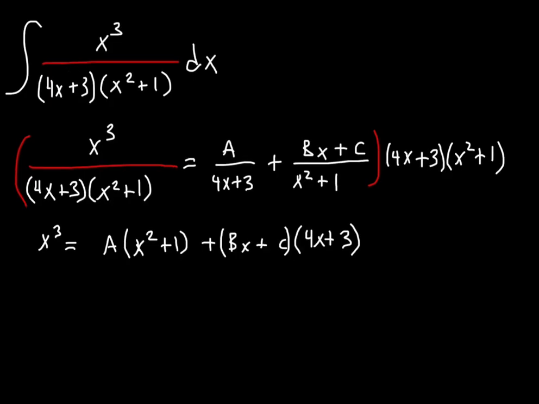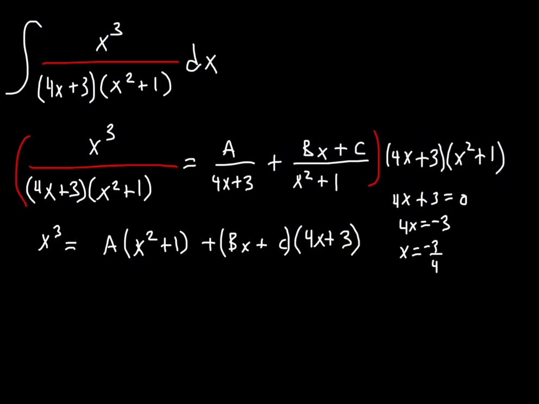Now that the fractions are gone, I can solve for A first. So to solve for A, I'll make this part 0. So 4x plus 3 is equal to 0. So 4x equals negative 3. So x equals negative 3 over 4.